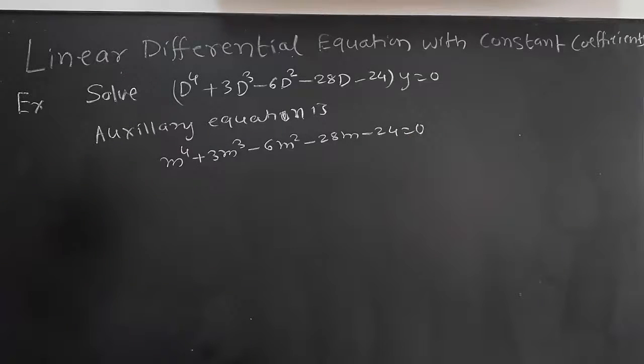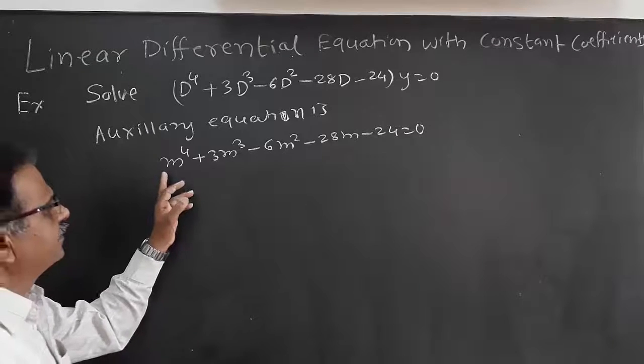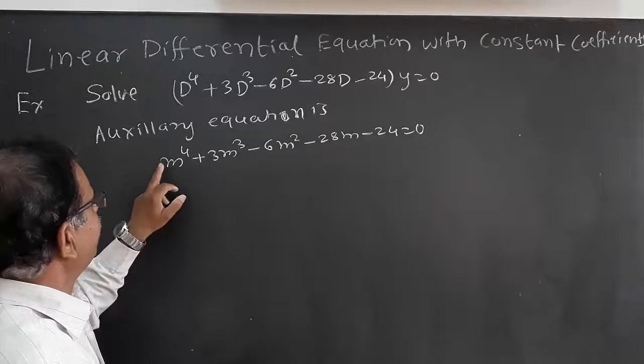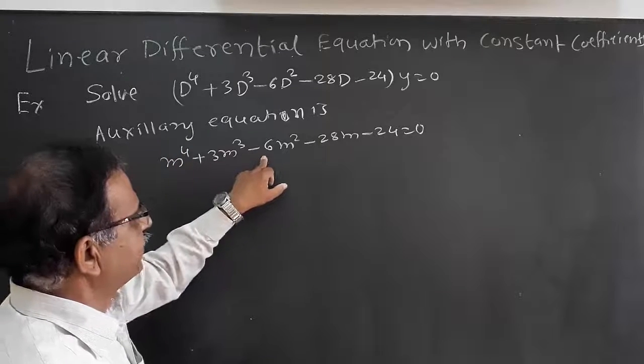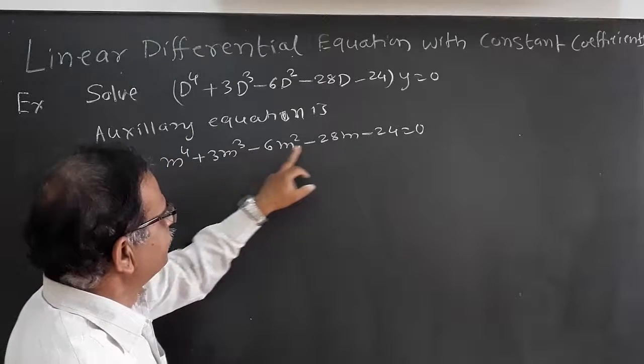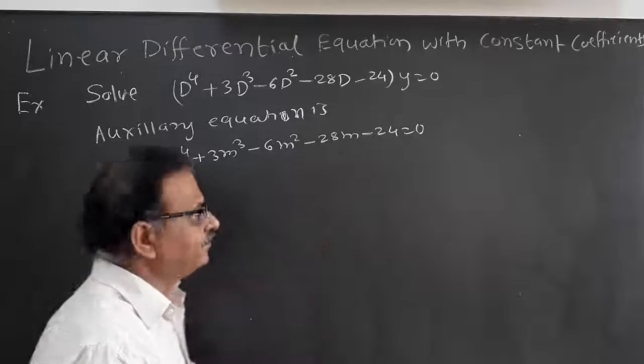Now, here, if you collect the coefficients of all terms, 1 plus 3 is 4, 4 minus 6 is minus 2, and all the rest are negative, therefore it is never 0.